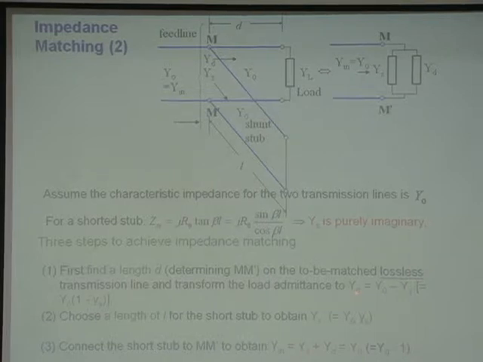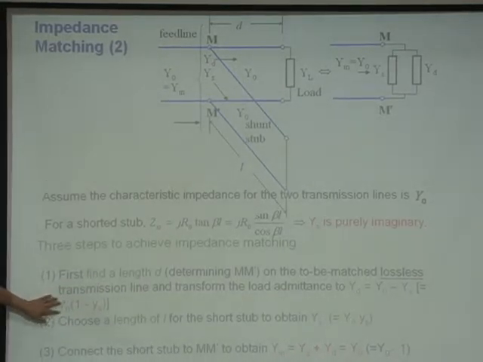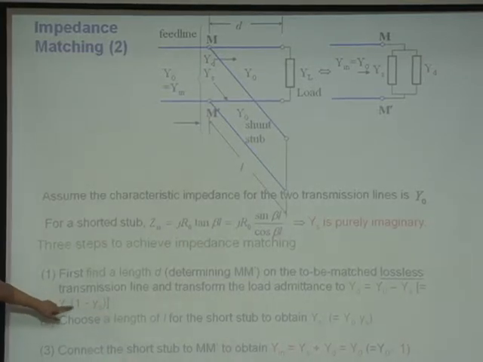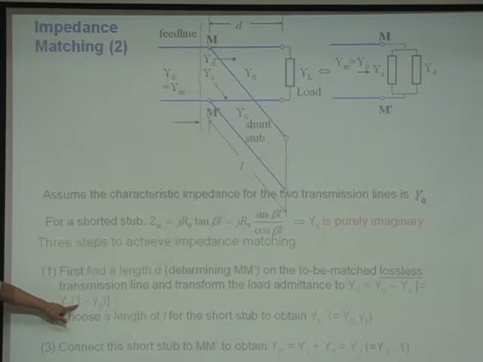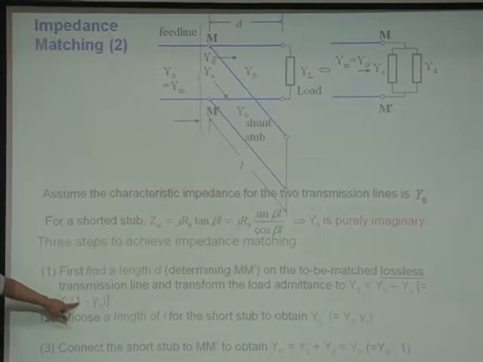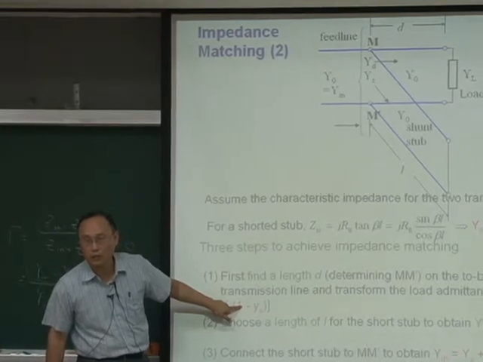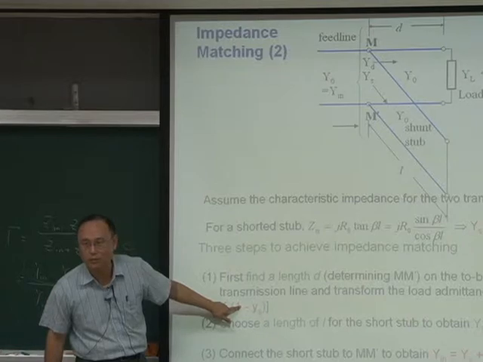So on the Smith chart, Y0 minus YS basically means you pull out this capital Y0. Okay, you have to pull out this capital Y0. And then you look for the value of 1 minus small ys. This 1 is very important because 1 tells you that this is the normalized characteristic impedance or normalized characteristic admittance.